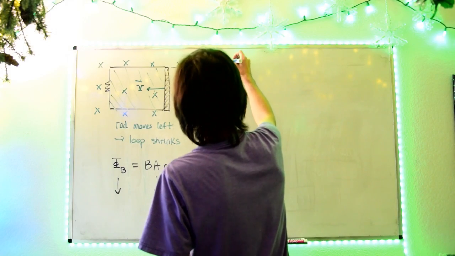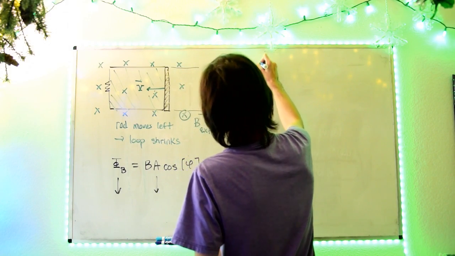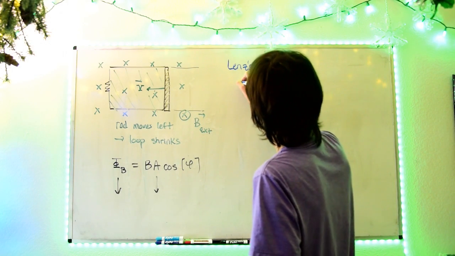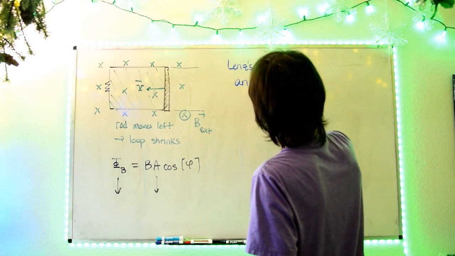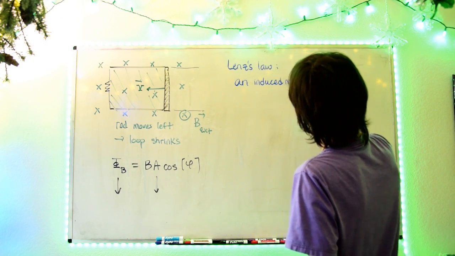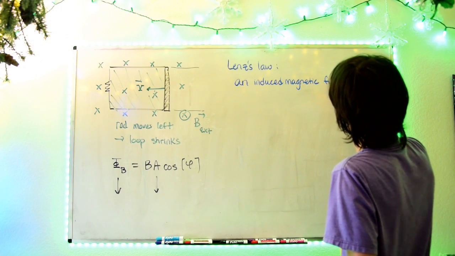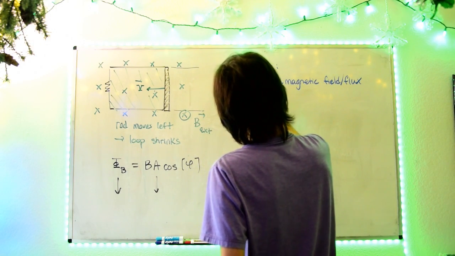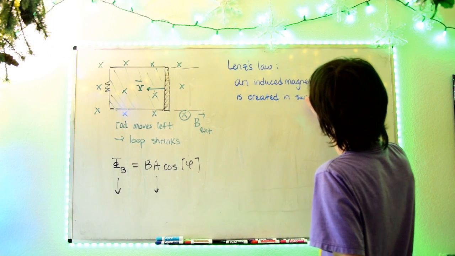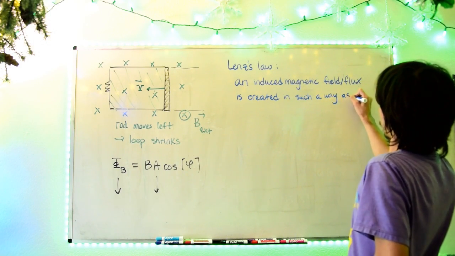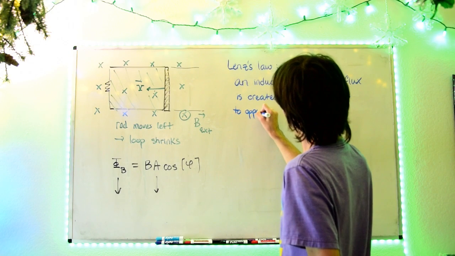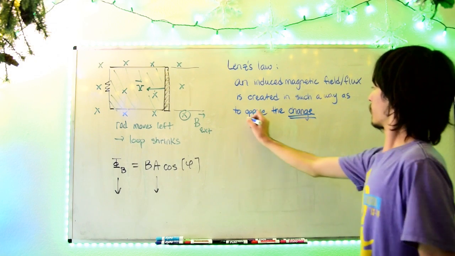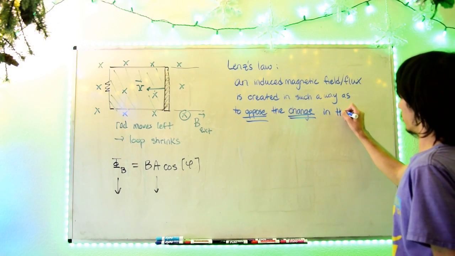So Lenz's law, very briefly, I'll state that it's that an induced magnetic field or flux is created in such a way as to oppose the change in the external.